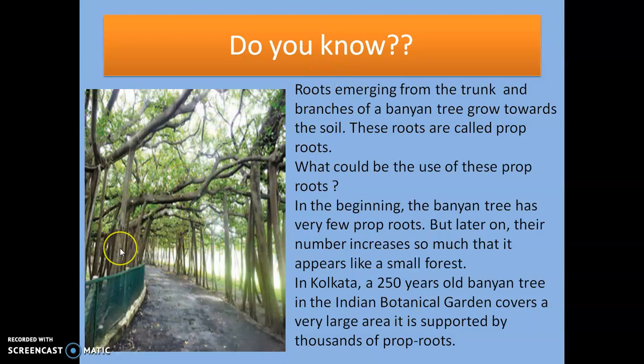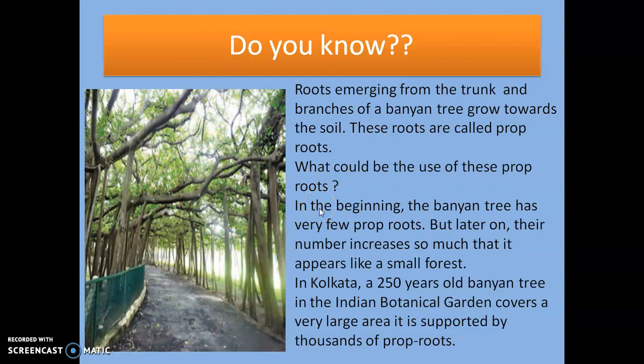Look at the diagram here. This is one banyan tree, but it looks like a small forest. In Kolkata, a 250 years old banyan tree in the Indian Botanical Garden covers a very large area and is supported by thousands of prop roots.